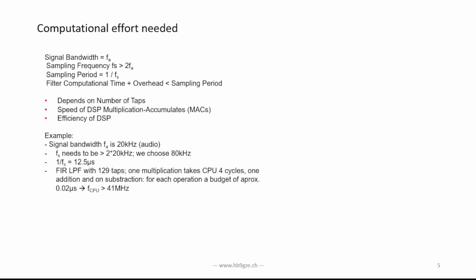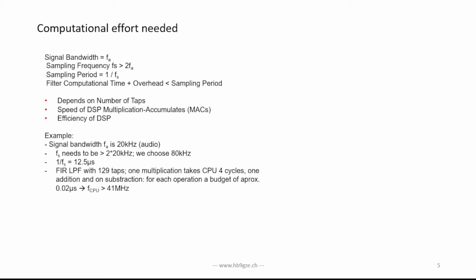For instance, if we have a signal of 20 kilohertz that's of interest, then we need a sampling frequency of at least 2 times 20 kilohertz. Let's say we go for more, 80 or 96, like I've been choosing in my experiments. Then that gives you a 12.5 microseconds period. Within 12.5 microseconds, you have to be done with your filter calculations.